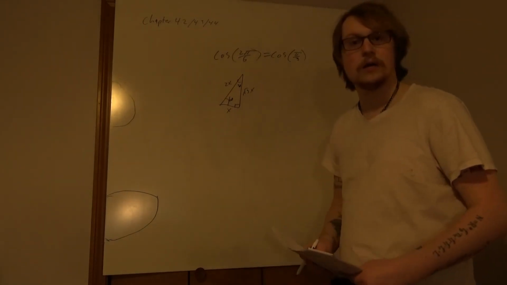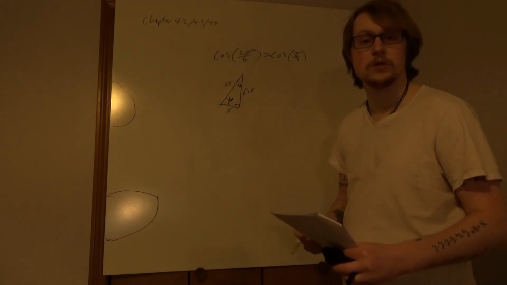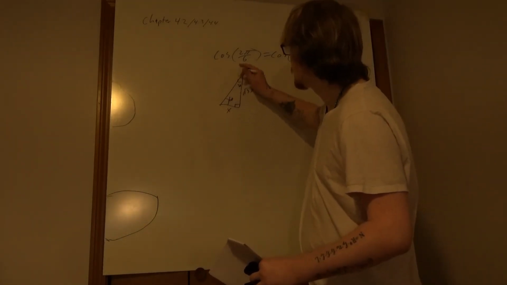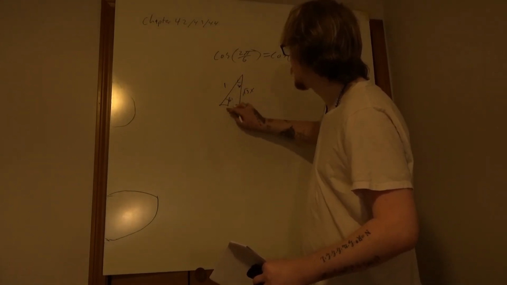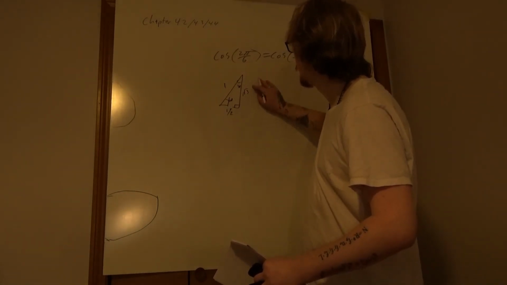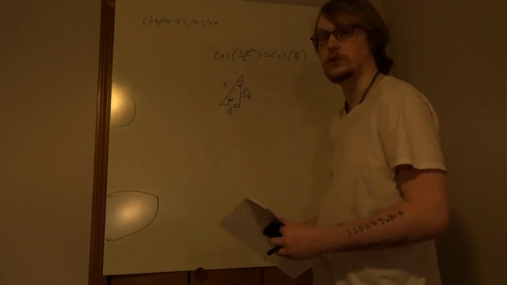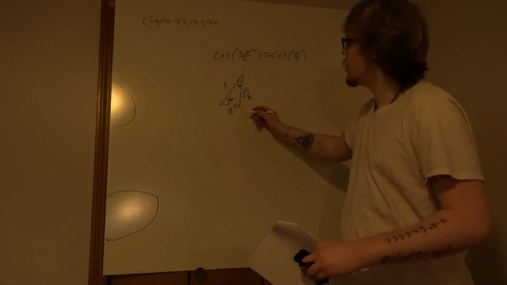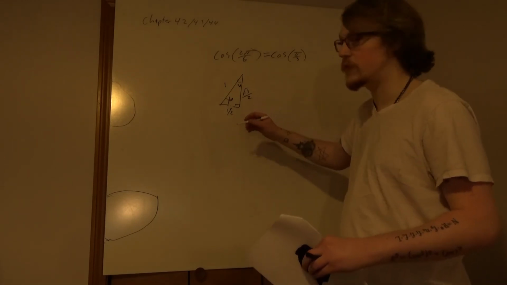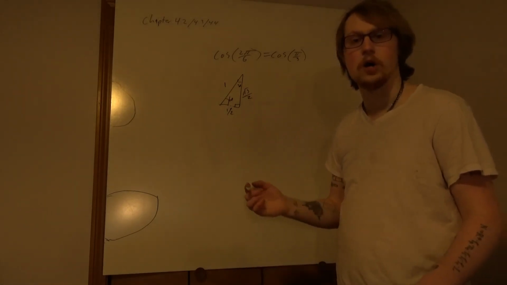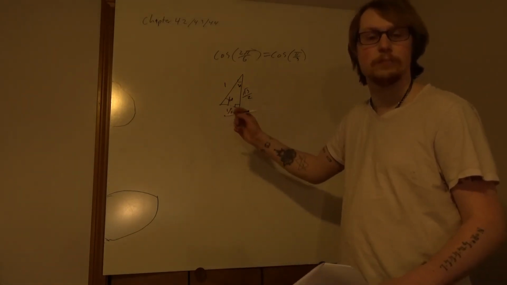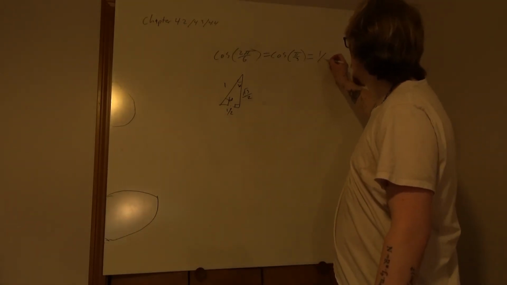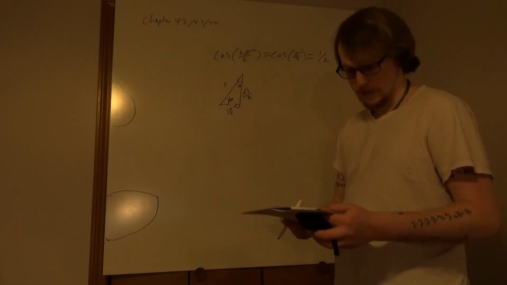And so in our case, since the hypotenuse in the unit circle is always the radius, which is 1, then we get that this is 1, which makes this 1/2, which makes this √3/2. So we can use this because we know that the cosine of an angle is always the x value when we plug it into the unit circle. And so we get that this is going to be 1/2.